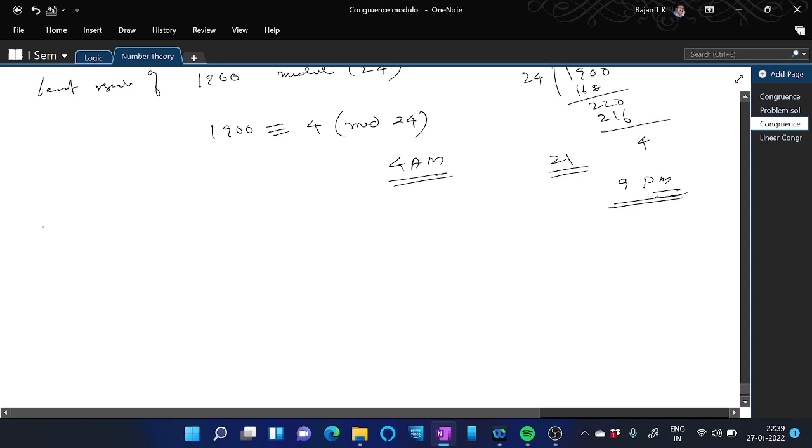Now let us see another problem. Find the last 2 digits in the decimal value of 1776 raised to 1976.